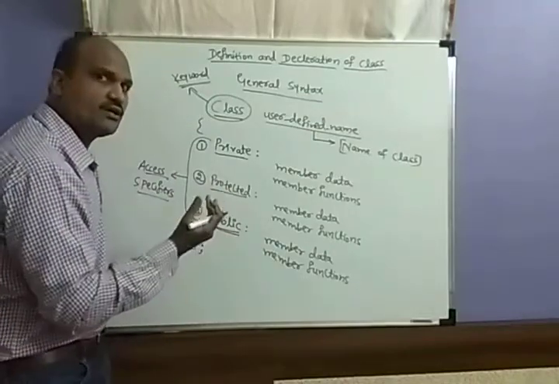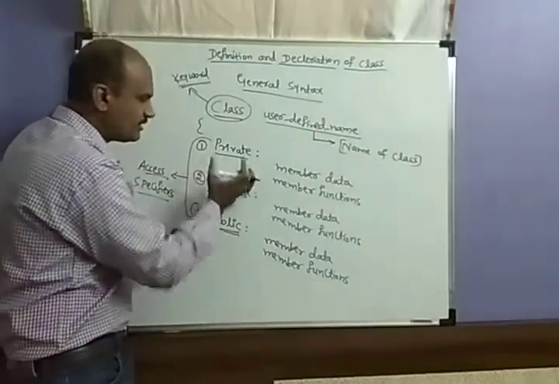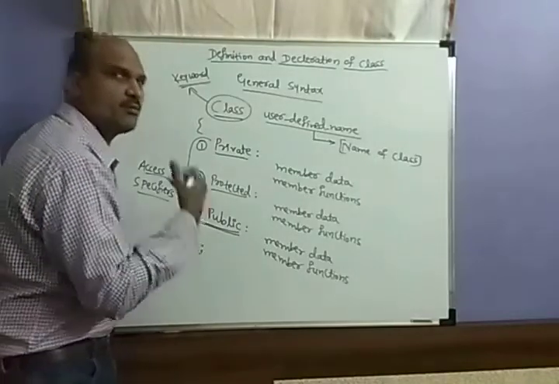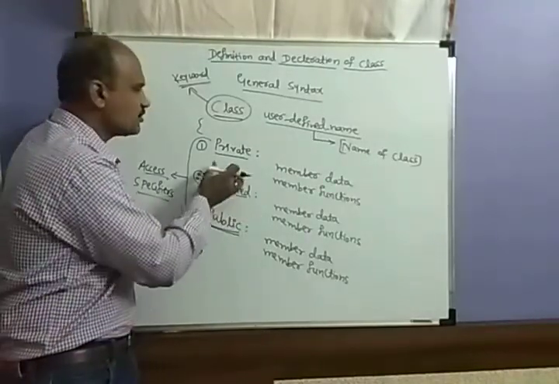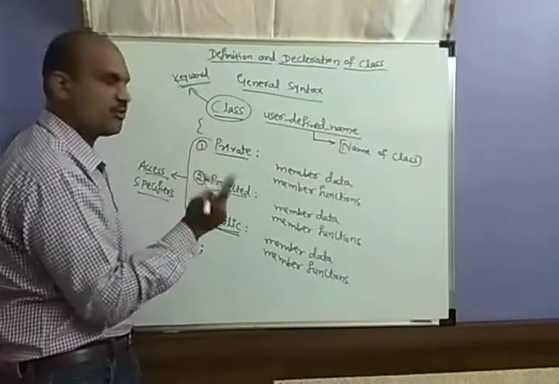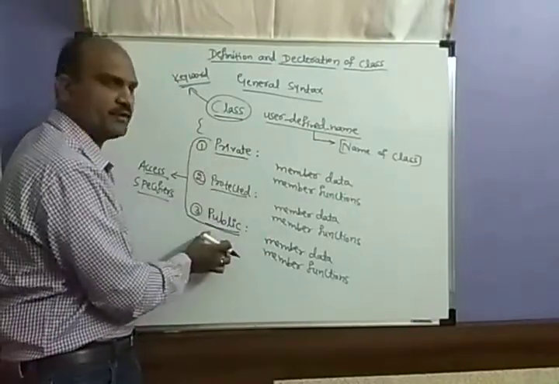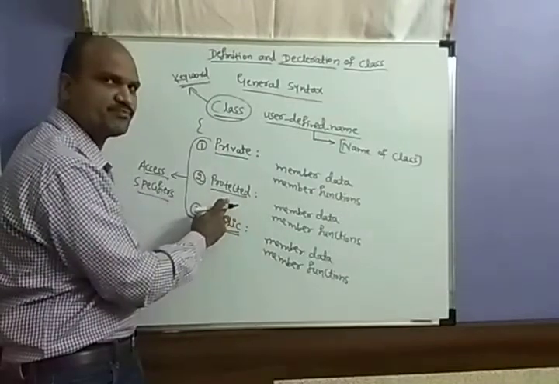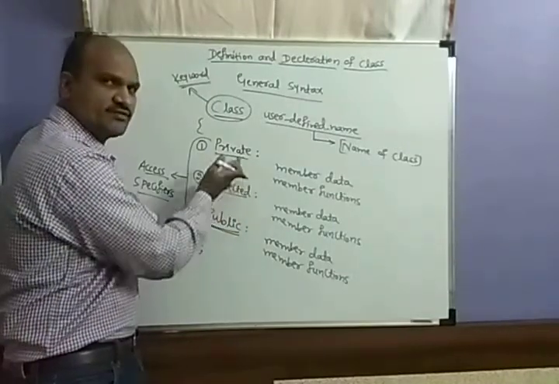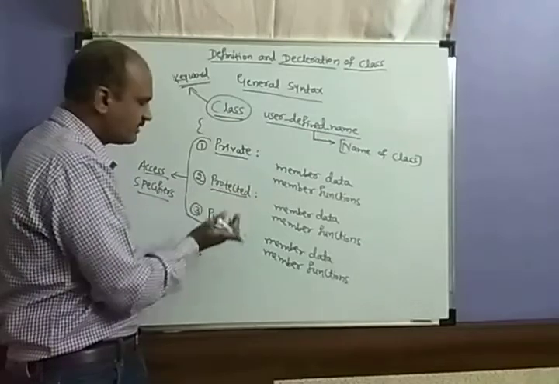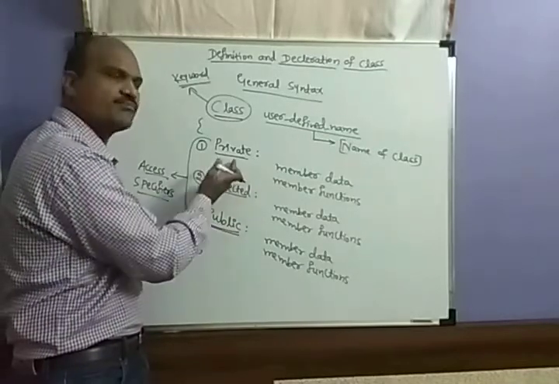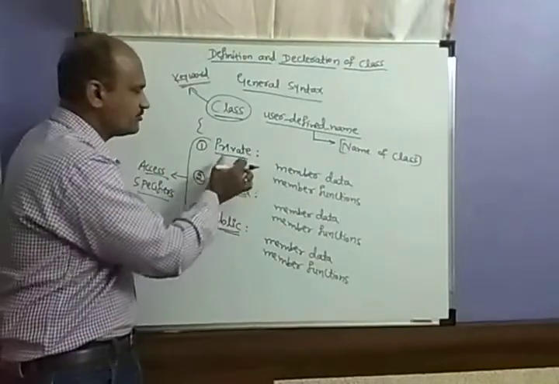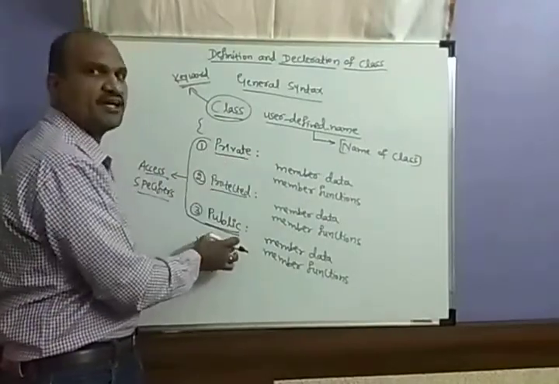In most programs, we go for 2 access specifiers, very important: private and public. Private and protected work the same, but there is a difference between private and public. We will discuss later.